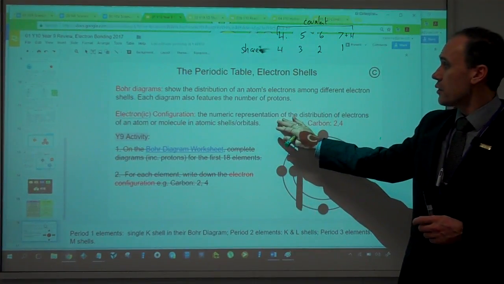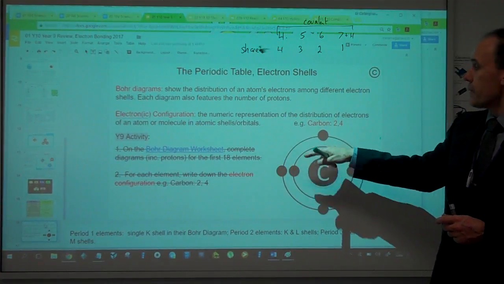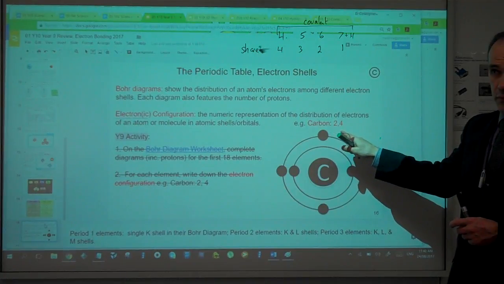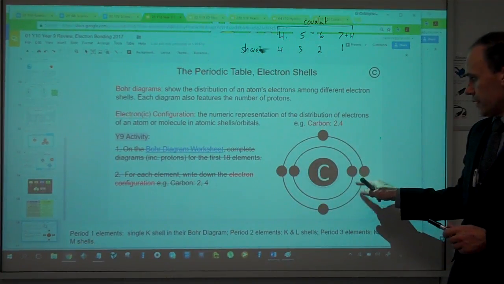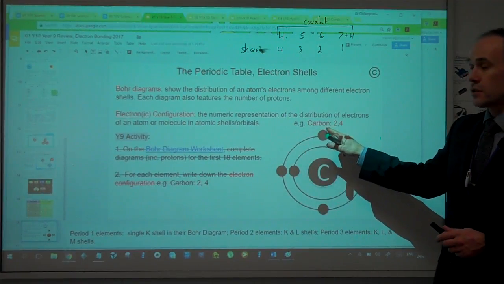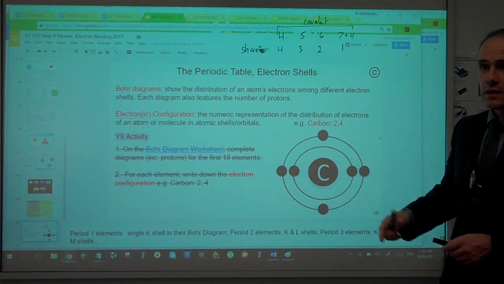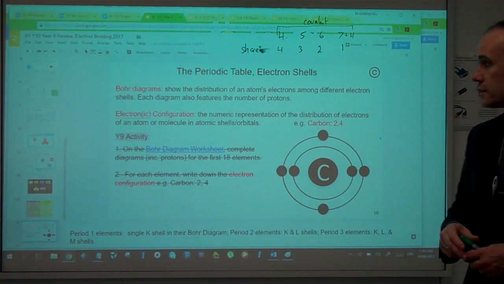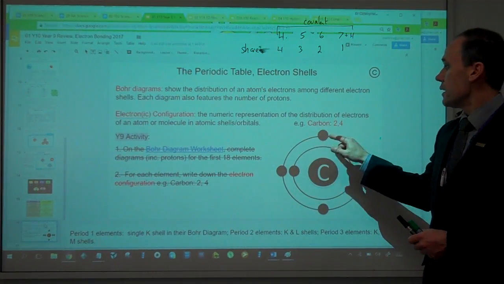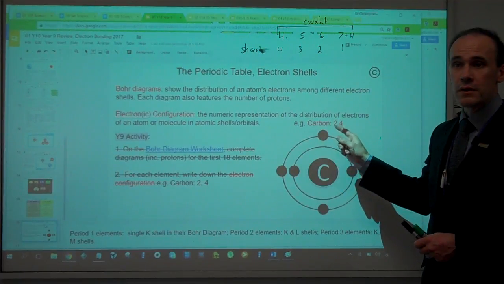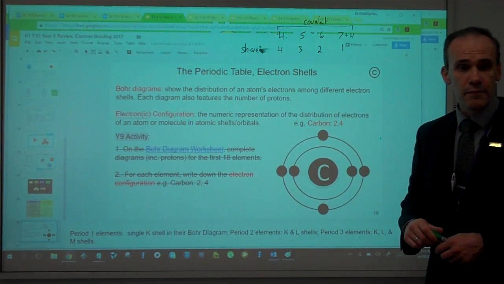You have electron configuration, which is just the number of electrons. Carbon has 2 in the K shell and 4 in the L shell, so it's got an electron configuration of 2, 4. So you can be asked a question like that. Electron configuration is just a listing using numbers to show where electrons are.